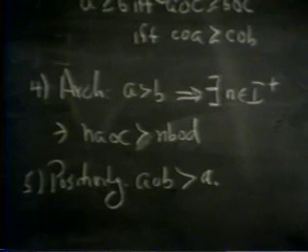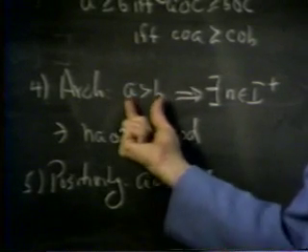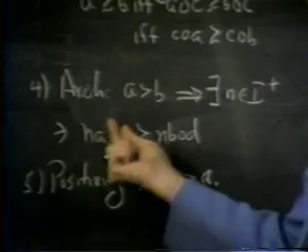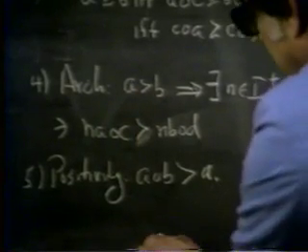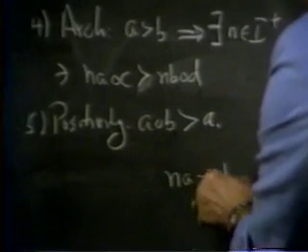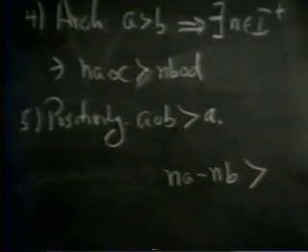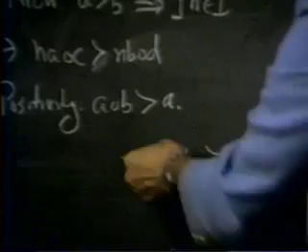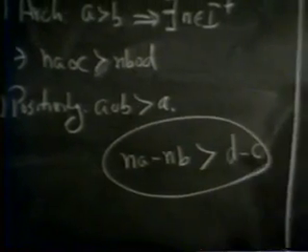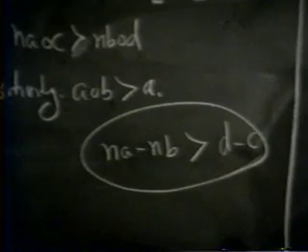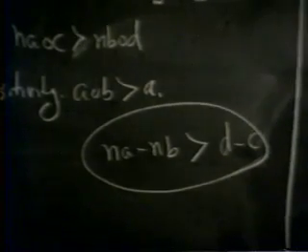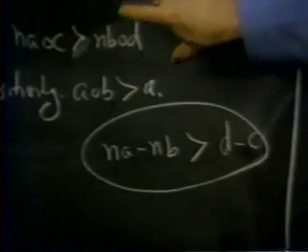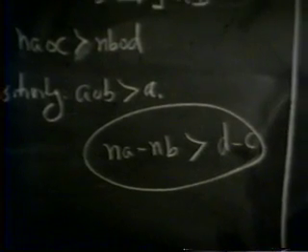Somehow this is capturing the idea that the difference between A and B can be made sufficiently large by replication, so that I'm looking formally at n copies of A minus n copies of B, that can be made greater than the difference between D and C. If I had some understanding of what I meant by minus here, that's essentially what I am saying. Now that hints at the idea that the system that we're going to try to generate from this ought to have something to do with differences.